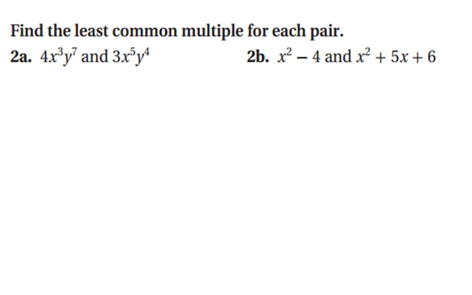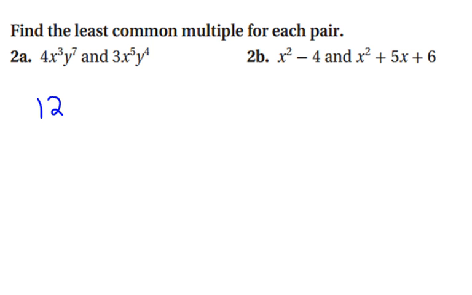So there's a couple of examples. We have 4x cubed y to the 7th and 3x to the 5th y to the 4th. If we want the smallest number that they both go into, we have a 4 in the first one, a 3 in the second, so those don't have any common factors, so we're going to need a 4 and a 3. So 4 times 3 is 12.